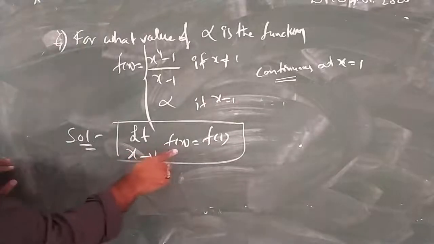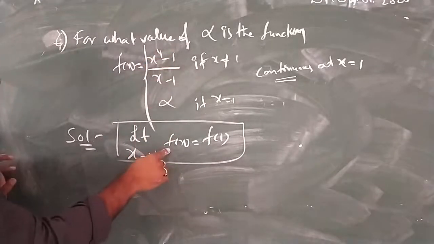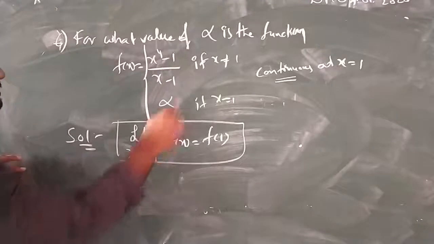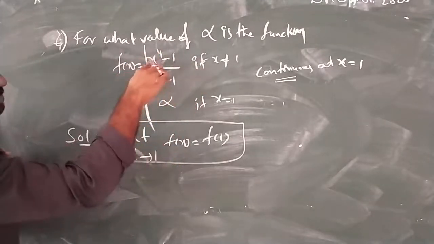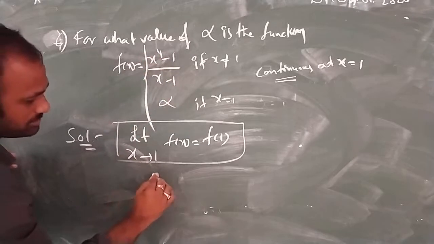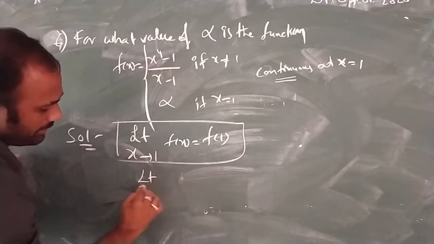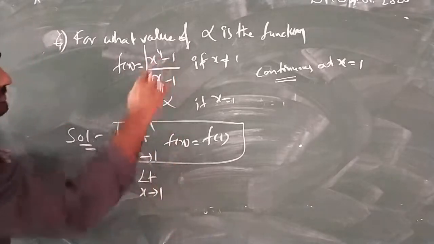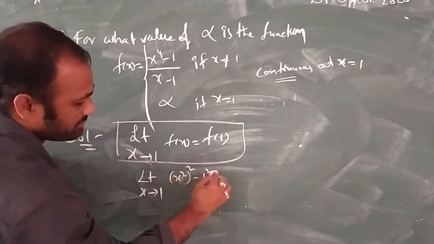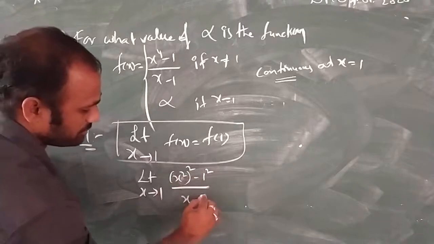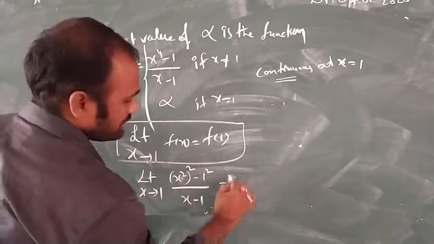So if I simplify my functional value here, limit f of x at 1. So limit x tends to 1, I will use this value. If I simplify this, it will become a square minus b square divided by x minus 1 is equal to f of 1.